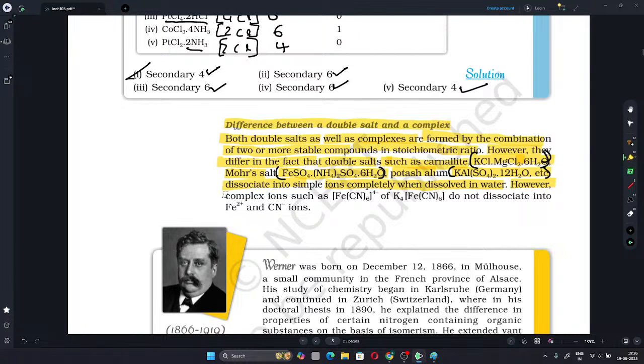However, complex ions such as Fe(CN)6, ferrocyanide of potassium, do not dissociate into ferrous and cyanide ions.